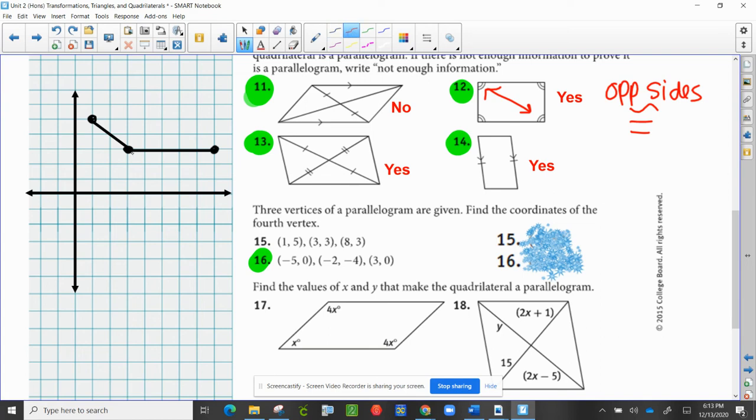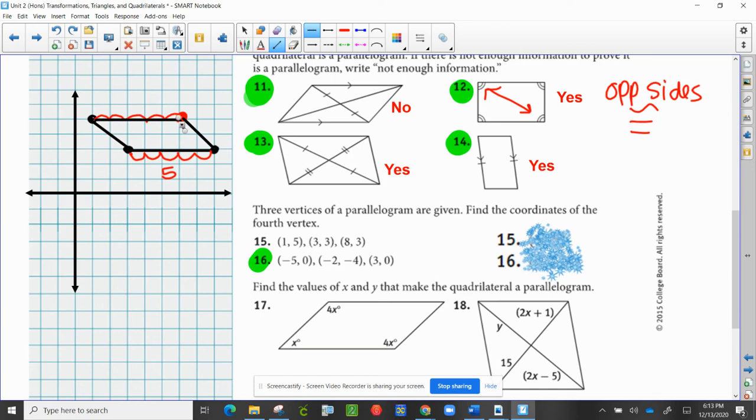But it might be easier if we just use the straight side. That has a distance of 5, if I counted that correctly. So the opposite side, the top part of your parallelogram, also has to have a distance of 5. So 1, 2, 3, 4, 5. So that means this would be my parallelogram.